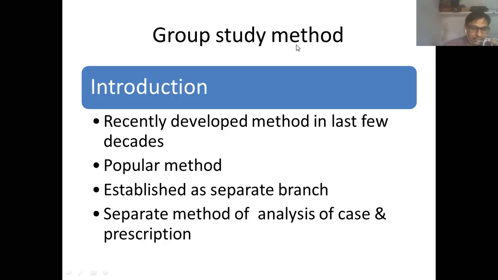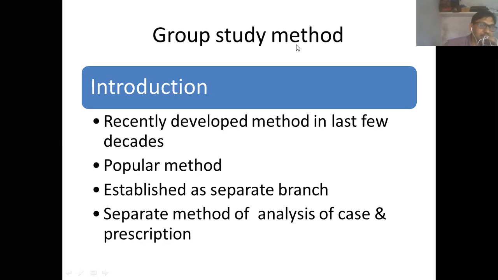So I will first explain what this analysis of case is. Analysis of case means what? You take the case from the patient. After you take the case, you review what symptoms are present in that case.